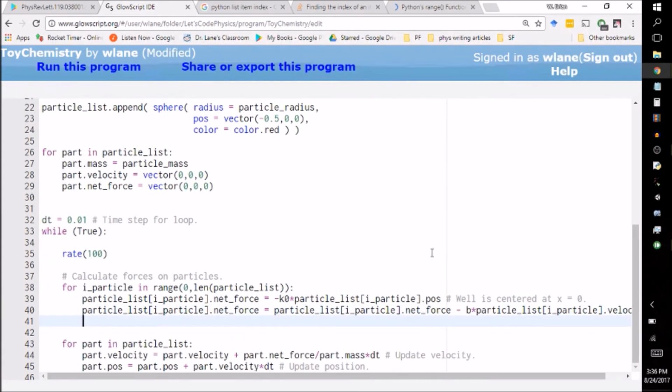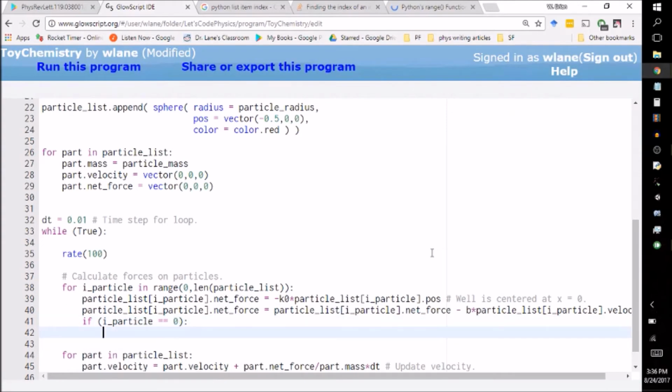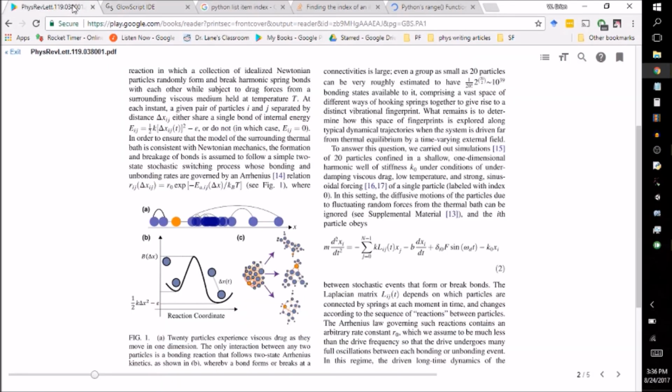Now what we'll do is say if I_particle equals 0. So this is the first particle. Then what we want to do is add on to this net force the driving force. Same thing, plus a driving force.